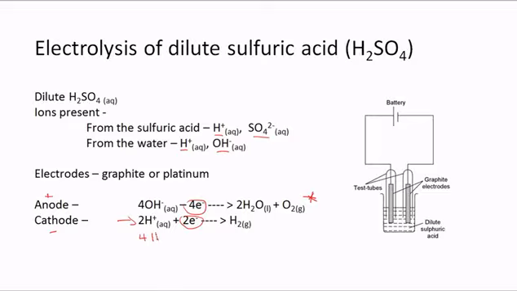So we end up with 4H+ plus 4 electrons producing 2H2 gas. So therefore, for every 1 mole of oxygen produced, we will produce 2 moles of hydrogen gas. So the ratio of oxygen to hydrogen is 1 to 2.